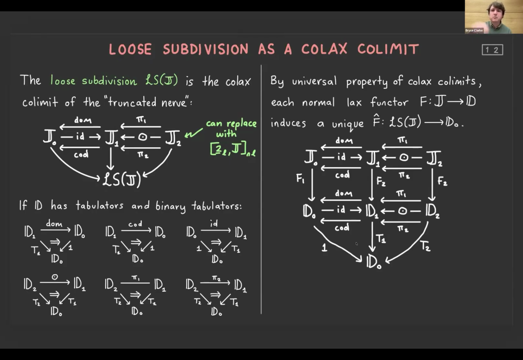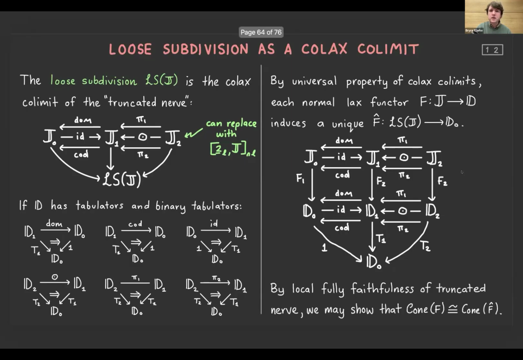We get a colax cocone, and then we apply the universal property to get the unique thing out of L of S of J. Then we can use local full faithfulness of this truncated nerve to show that the cones over this new thing that I constructed by this universal property are in bijection with cones over the original thing, and conclude that the limits of these two things, if they exist, one exists if the other does.